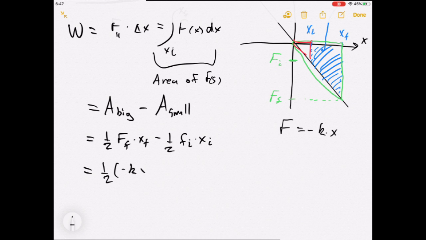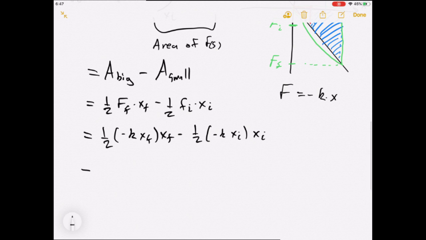So it's minus half kx final times x final minus half minus kx initial times x initial. Why did I include the negative sign? Well, because the area here is negative because it's below the axis. So one more step: minus half kx final squared plus half kx initial squared. And this is the work done, and again, we say equals delta E.